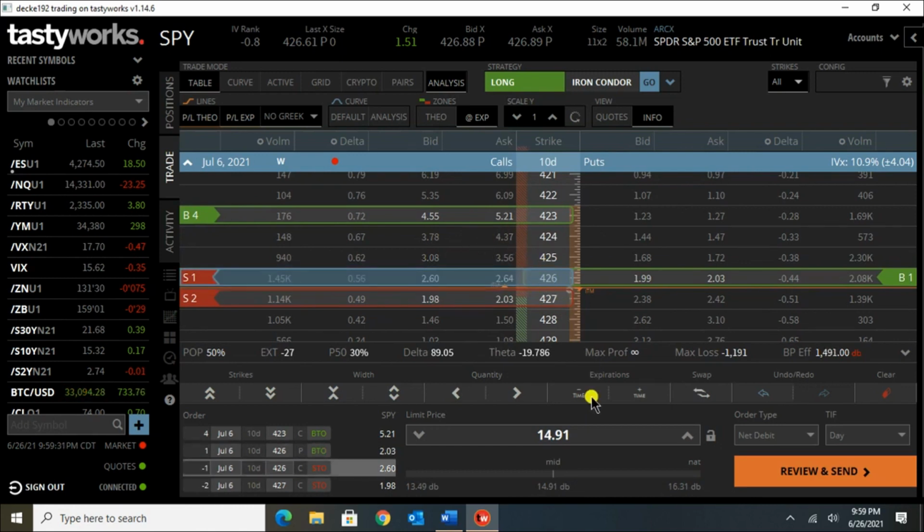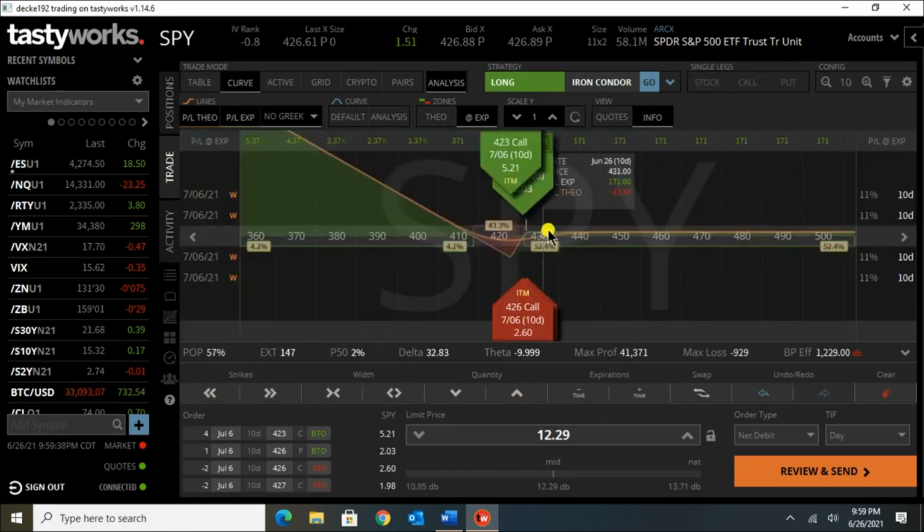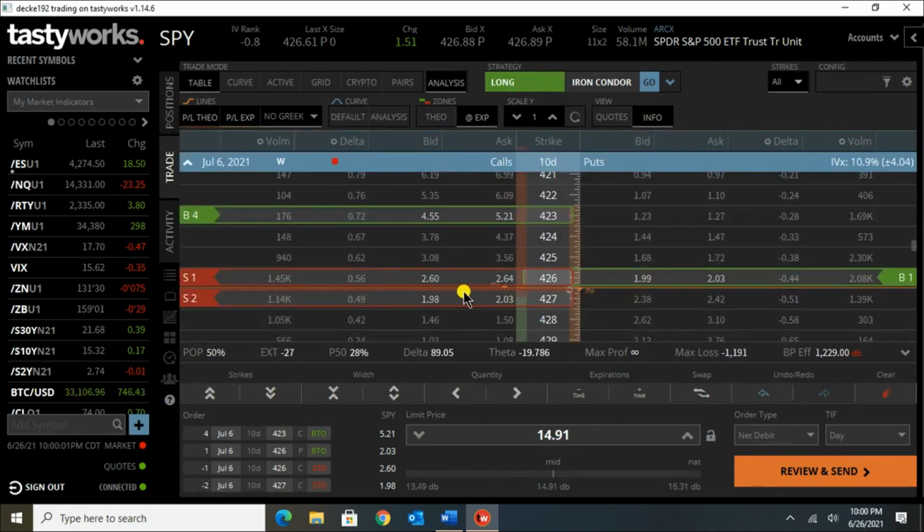Let's say I sold another 426, so now I have 4 long calls and 4 short calls. You can see that it caps my upside. So now on my upside, once it gets up to the short leg, it flat lines. But it reduces your risk and it reduces your max loss at the value of death, and that's what you're looking for. So go back to the original.